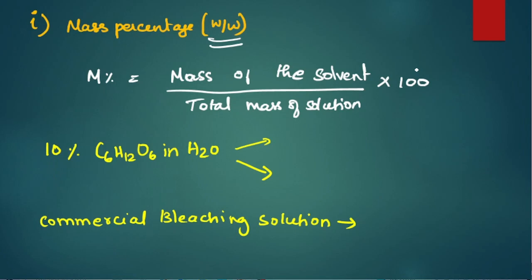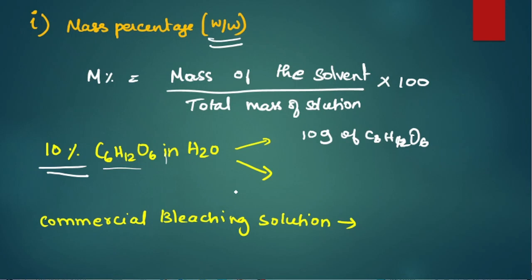Okay. Listen here. 10% of glucose in water. What is the meaning of it? That means 10 grams of C6H12O6, that is glucose, is dissolved in water. Always remember, the total mass of the solution is going to be 100 grams.